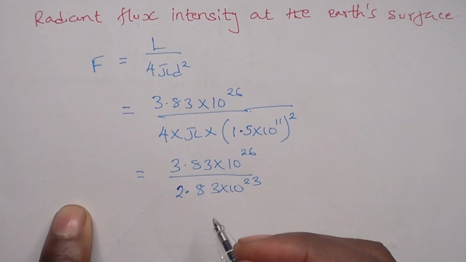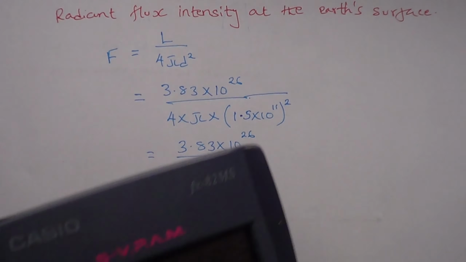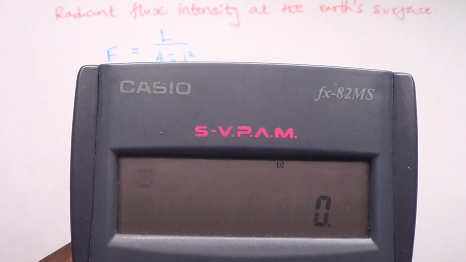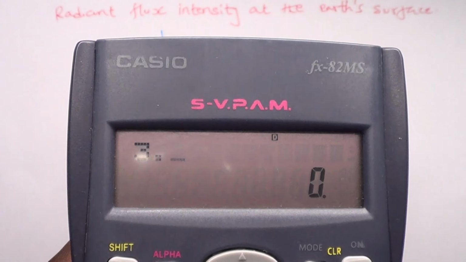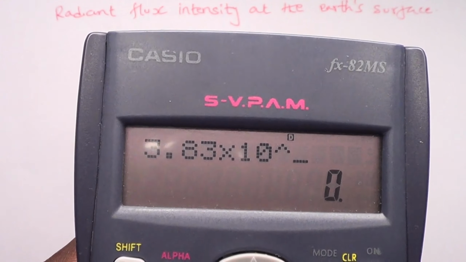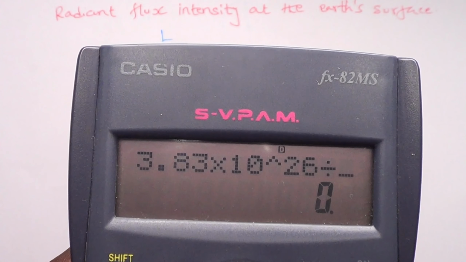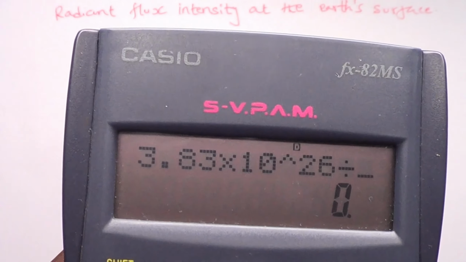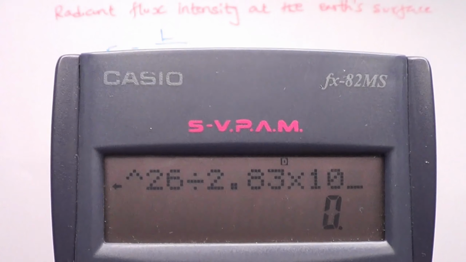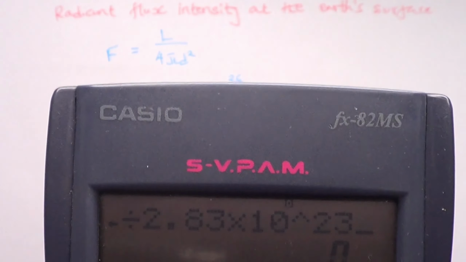So and this one, now the answer it will be what? Because now divide with it. That is now 3.83 times 10 power 26 divided by 2.83 times 10 power 23.